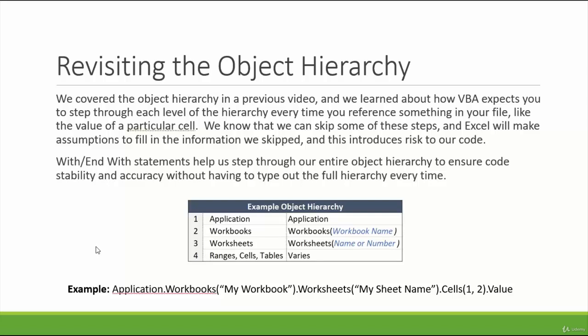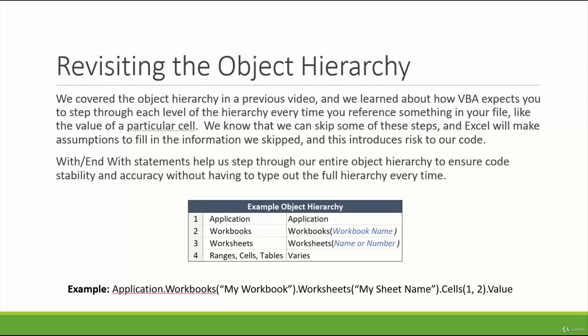It'll give its best guess to fill in that information that we skipped. And this always introduces some level of risk to our code. And we've talked before about how dropping off something like the application is probably less risky than leaving something off like the worksheet. So the further down this object hierarchy we get, the more risky it becomes to leave objects off of the object hierarchy.